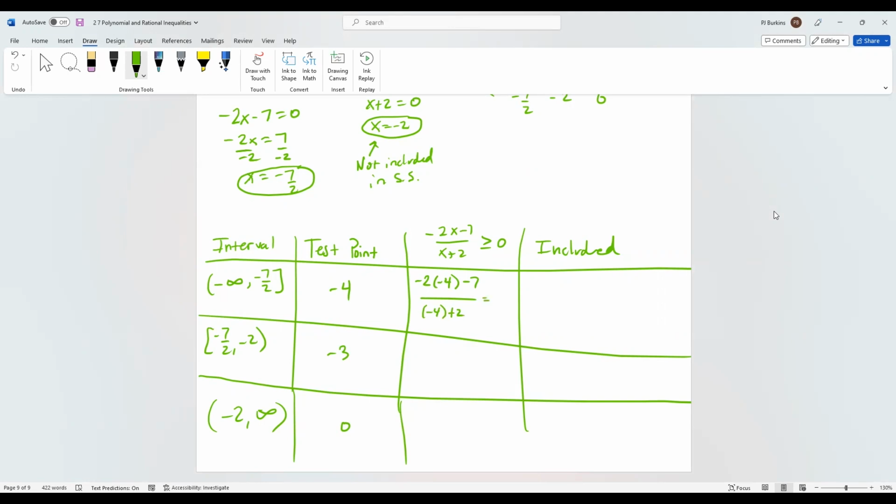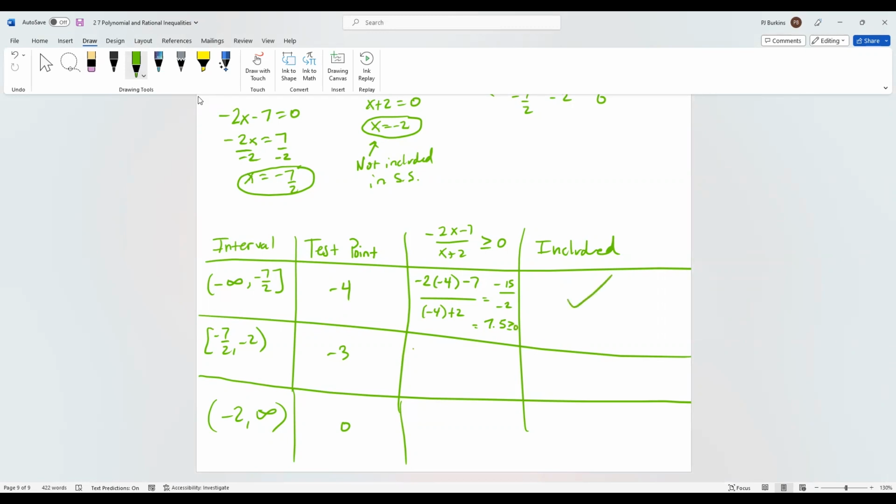That would give me negative 8 minus 7, that's going to be minus 15. And negative 4 plus 2 is negative 2. Negative divided by negative is going to be positive. So this is a number that is greater than 0. It's not nice, but we can say it's 7.5. So that's greater than or equal to 0, so it's included.